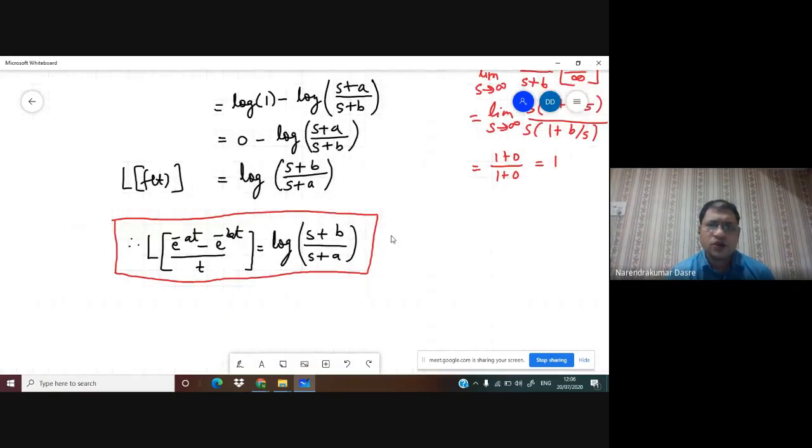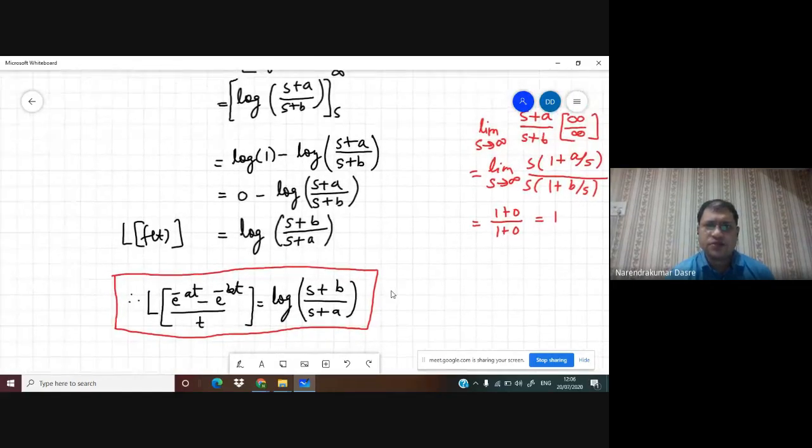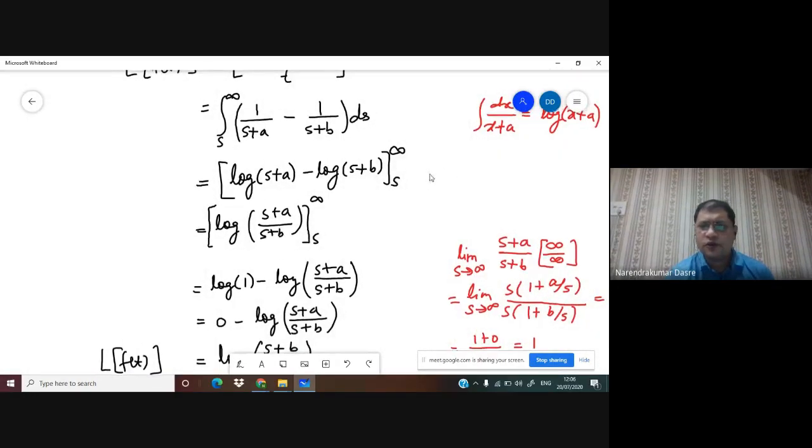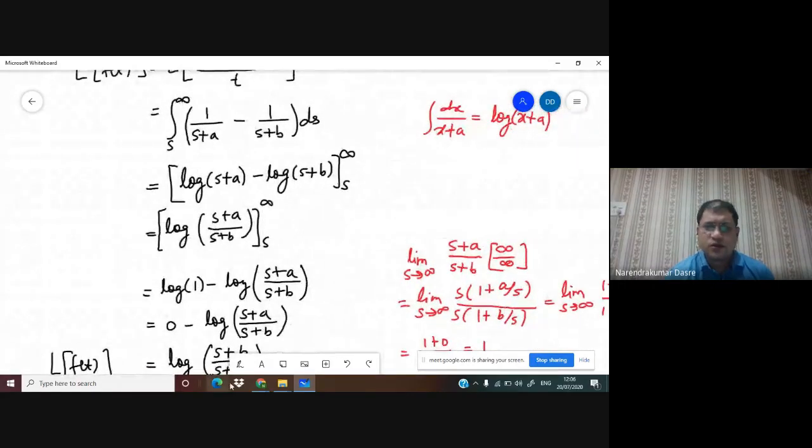So here, what are the important steps that you need to understand? You have to be careful for this step. Do not use infinity as the limit directly, because once you use the limit equal to infinity and write log of infinity, you will lose control over the right hand side.